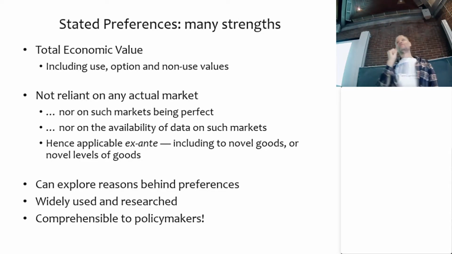As I said, stated preferences opens up all sorts of possibilities. The main one is that with revealed preference we can only look at direct use. If I observe you going to the beach, that is not because you think your grandchildren will go to that beach one day, right?